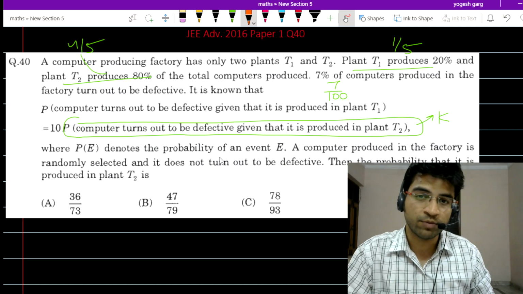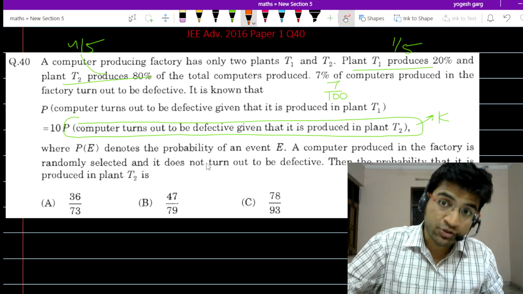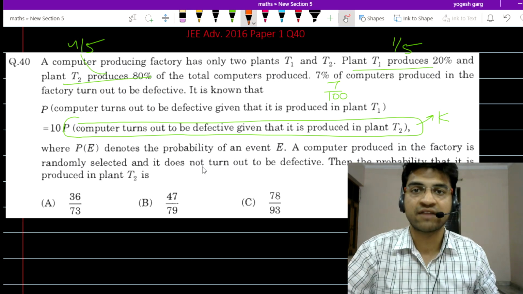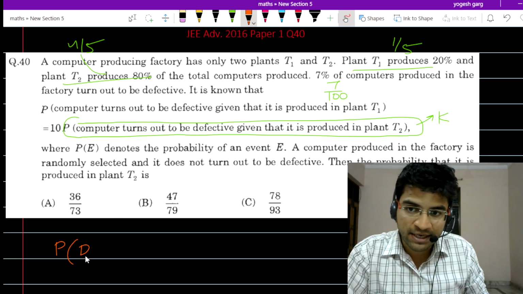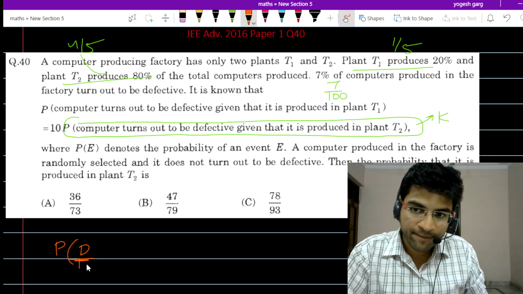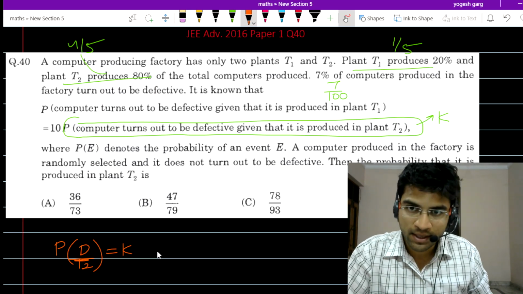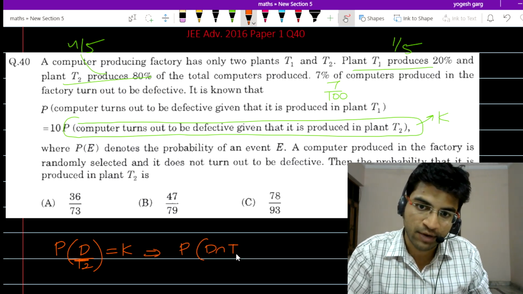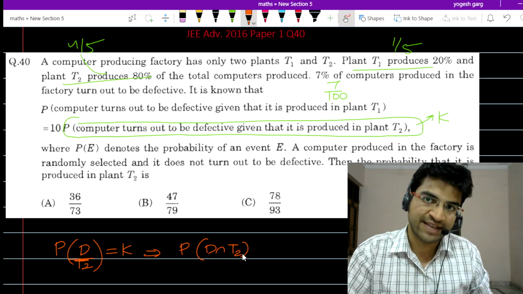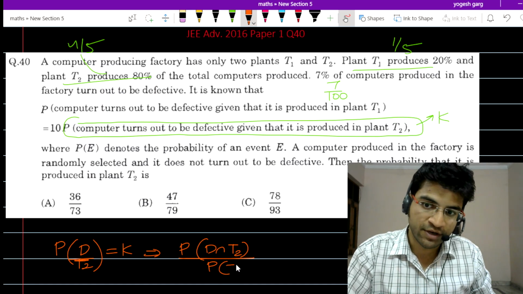So what is the meaning of this particular statement? Probability the computer turns out to be defective given that it is produced in plant T2. So being produced in T2 is the first thing, then you have a defective computer. We will denote this by P(D|T2). I hope you are able to comprehend this. This is conditional probability, right? And this is equal to P(D intersection T2), that is, the computer has to be defective as well as produced from T2, upon probability of T2.